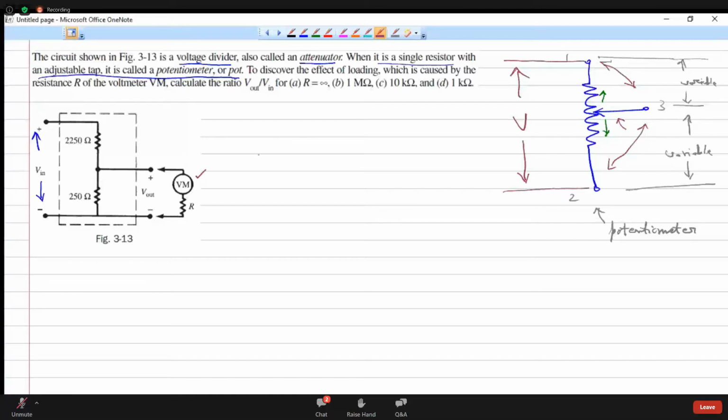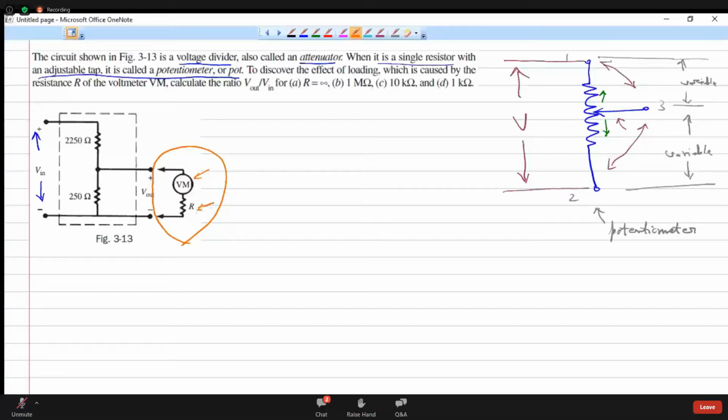This entire thing is a voltmeter actually. It is composed of two parts. The first one is called a galvanometer, and the second one is a resistor. Whatever is shown here is the galvanometer, and this one is the resistor.